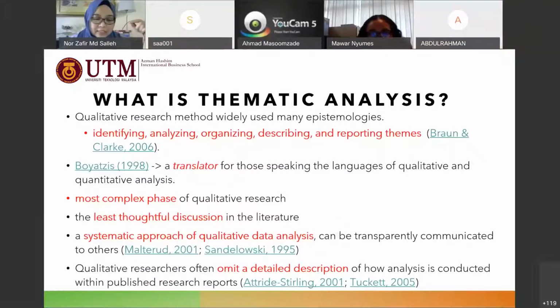Thematic analysis is a systematic approach to qualitative data analysis. Again, qualitative researchers often omit a detailed description in a published research report. Normally, the reason they give is that they don't have enough space.